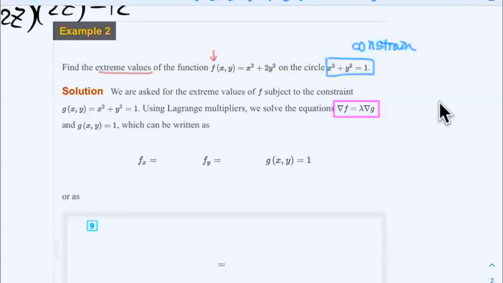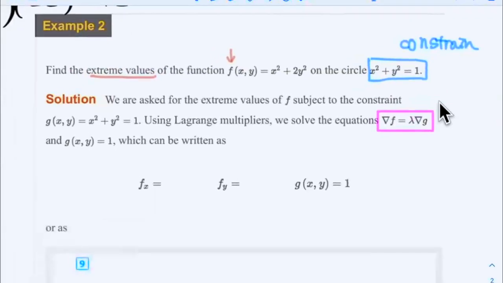We're going to make this, well, x squared plus y squared equal 1. That function, we're going to use a function. What function is that? Let's call that g. So this, we're going to call g of x comma y, and then that's equal to 1. So we have this function f, and then this function g.